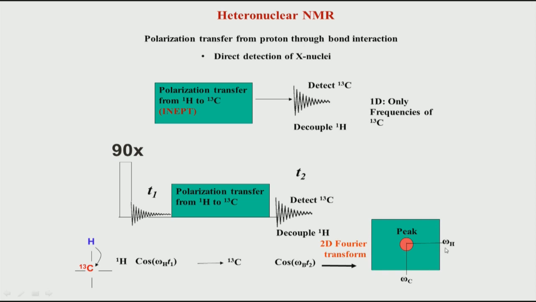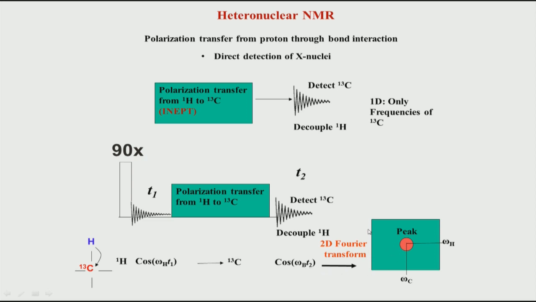Proton is on the y axis, which we call the t1 dimension or F1, whereas carbon has come to the axis which is t2 or F2. So, we have proton along t1 and carbon along t2.